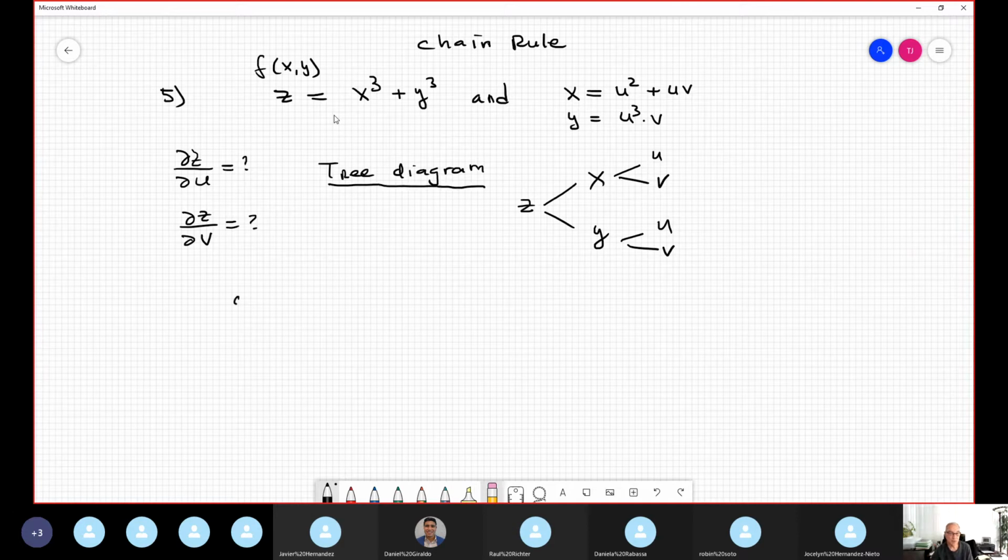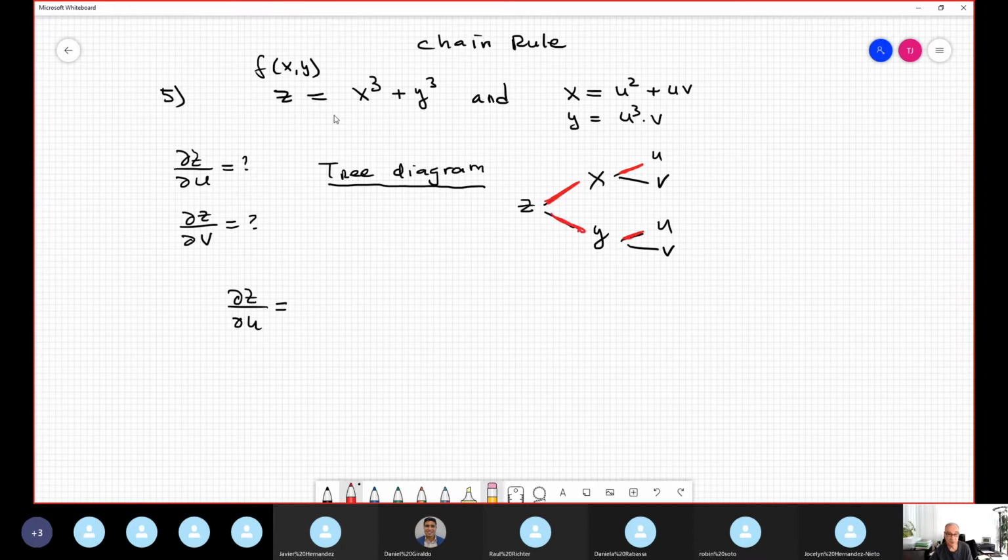Now, if you want to find dz du, the specific formula uses this segment, this segment, this segment, and this segment.